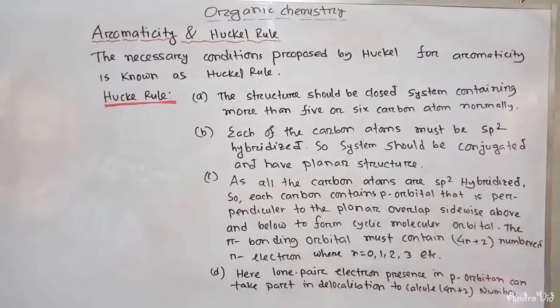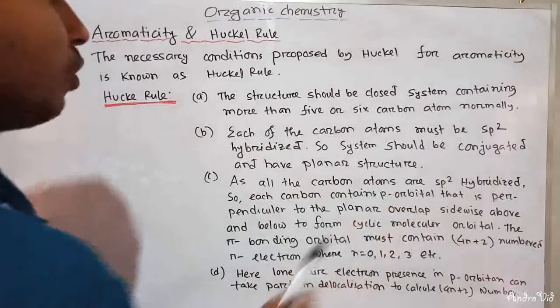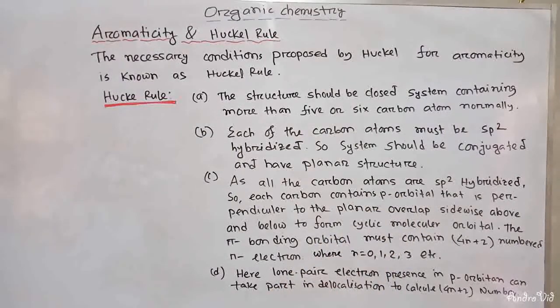Now the concept C: as all the carbon atoms are sp2 hybridized in an aromatic compound, each carbon must contain an unhybridized p orbital, which is perpendicular to the planar structure of the aromatic system. These unhybridized p orbitals should overlap with each other in a sideways fashion.